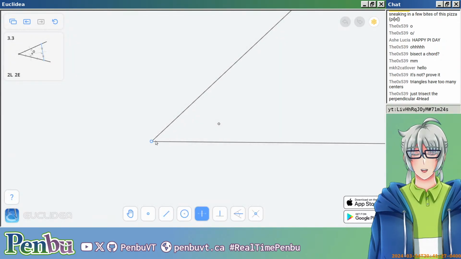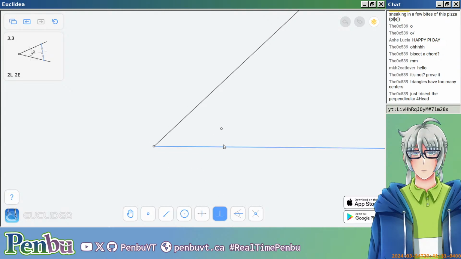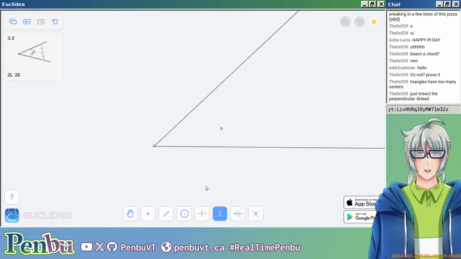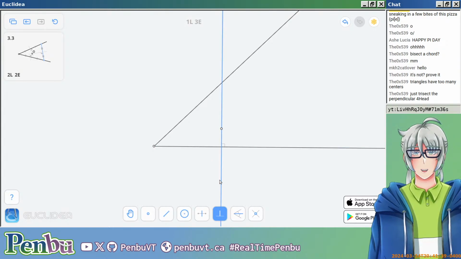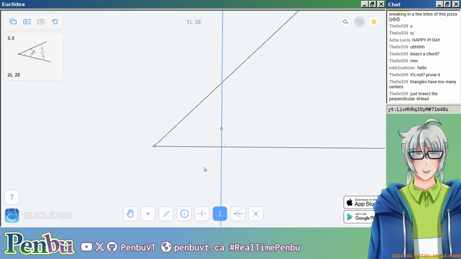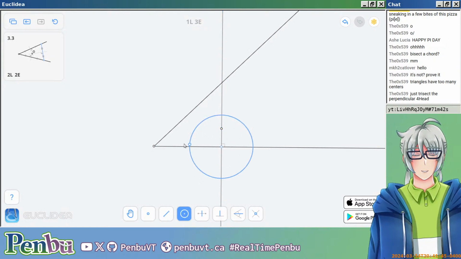But we can get that with 2 tools, which should be very easy. Well, I say that, but that might not actually be the case. Actually, no. So we can get the bisector, or we can get the perpendicular here. We just need to turn this into a bisector.